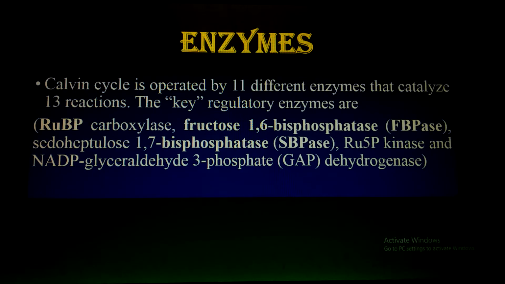RU5P kinase and NADP glyceraldehyde 3-phosphate dehydrogenase. These are the most important enzymes, 5 key important enzymes. Out of these 11, these 5 are very important key enzymes of the Calvin cycle, the light-independent reaction or dark reaction. Is it clear?